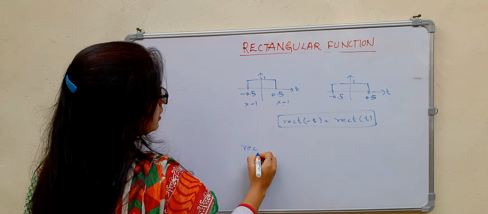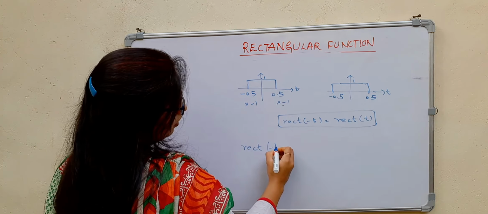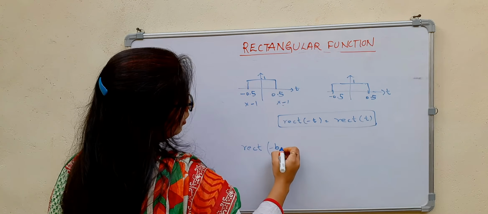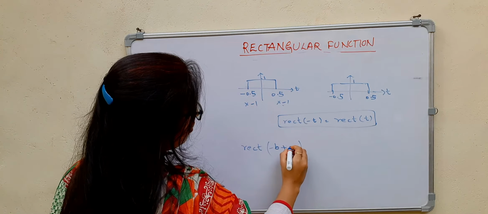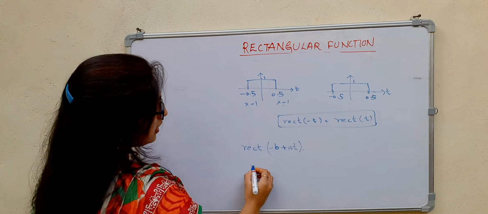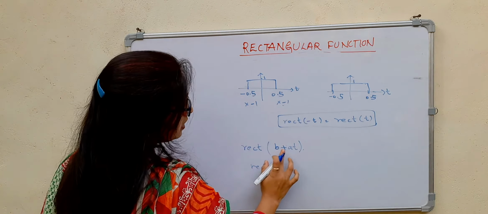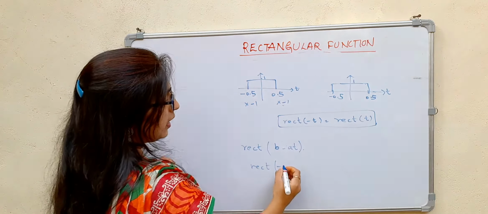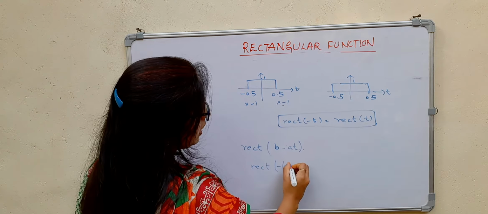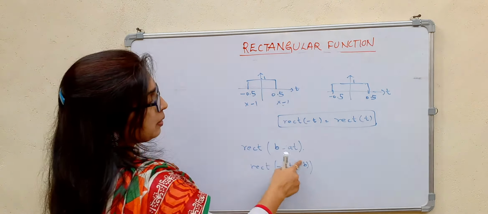Then if I consider rectangular of minus b plus at. So in this case, what I will do, I will take the minus common, or I will consider b minus at. I will take the minus common, so it becomes at minus b, right?